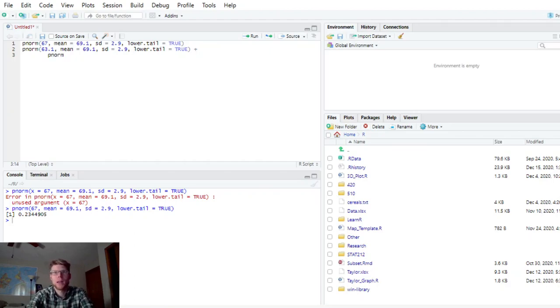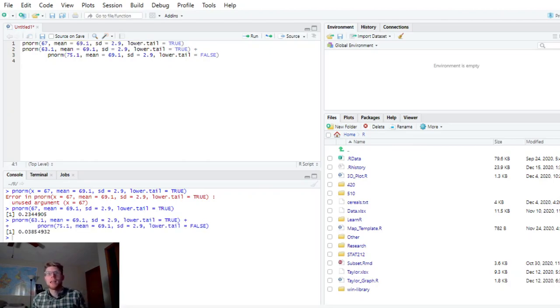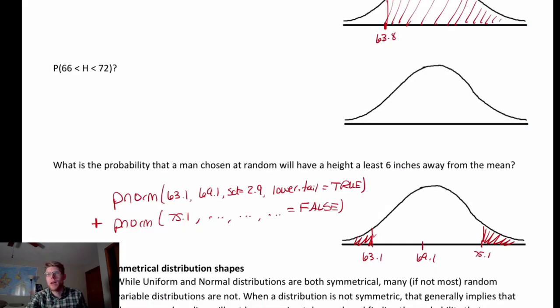I could do it on the same line, but either way it should work. If I run this, I get 3.85%. That means this area plus this area adds up to about 3.85%. So 3.85% of men are going to be more than 6 inches away from the mean of 69.1 in this population.